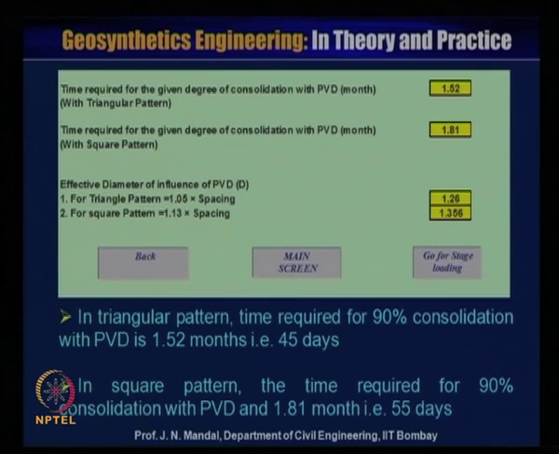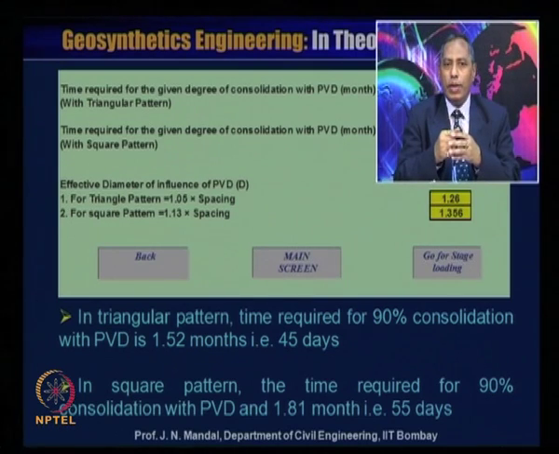The effective diameter of influence of the PBD, D, for a triangular pattern is 1.05 times the spacing, which gives 1.26, and for a square pattern it is 1.13 times the spacing, which is 1.356.